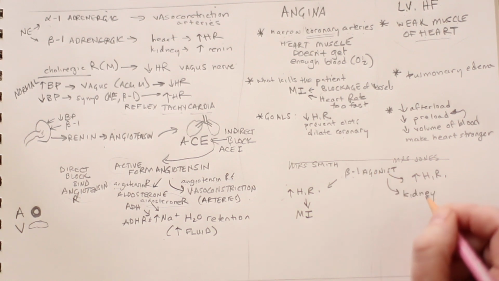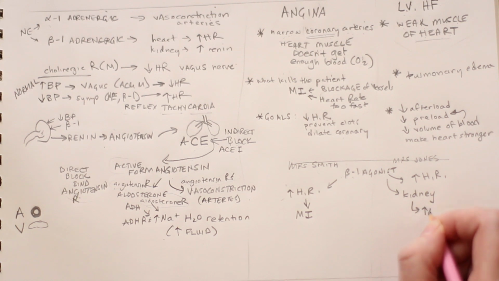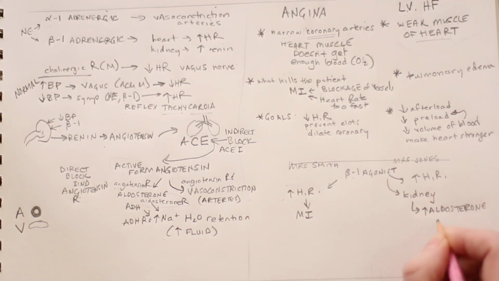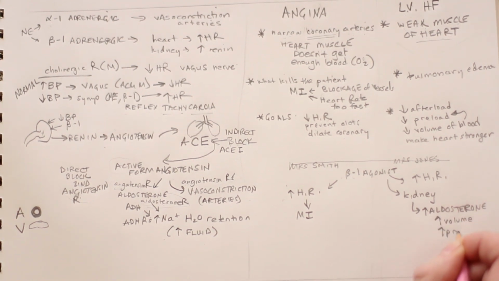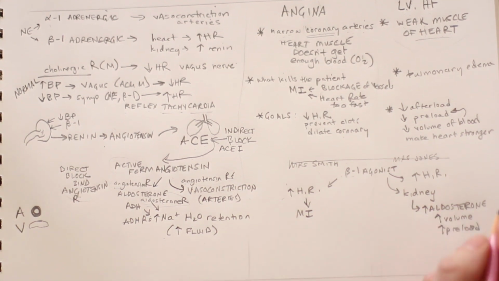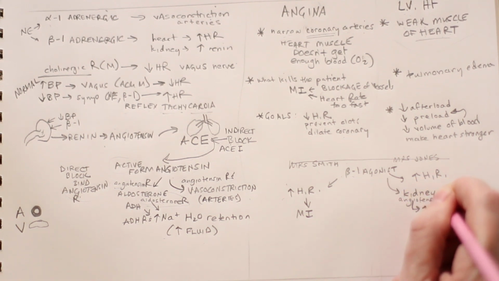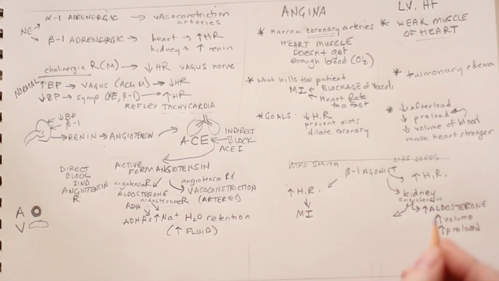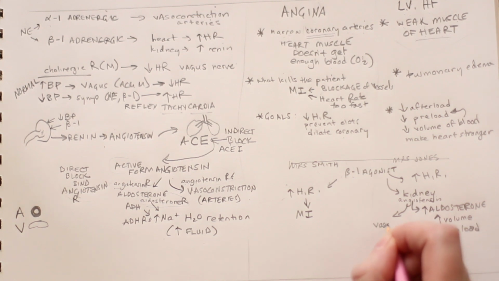So the beta-1 agonist acts in the kidney to increase aldosterone, ADH, that kind of stuff, which increases volume, which increases preload. Oh no, all right, that's no good. The other thing that the angiotensin, I should probably put angiotensin in here. It's just such a long word, I hate writing it. Okay, so the angiotensin also will directly bind blood vessels, okay, and cause vasoconstriction.